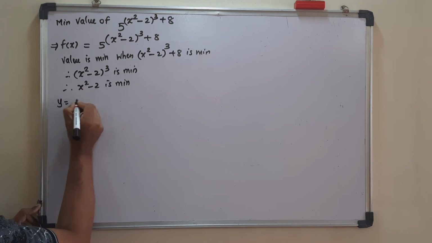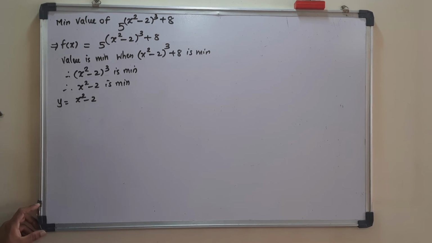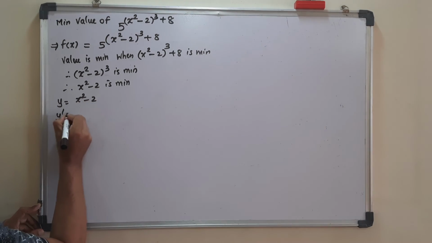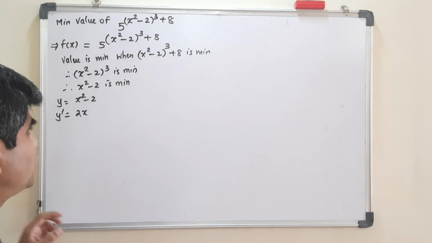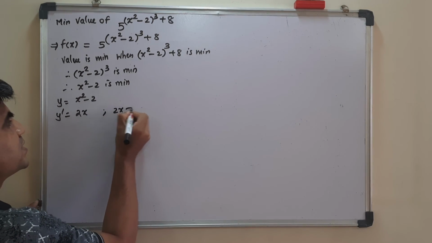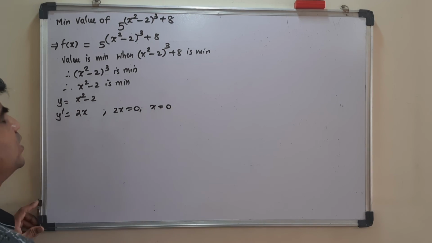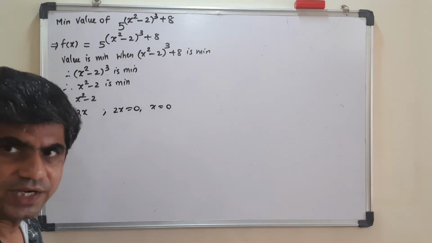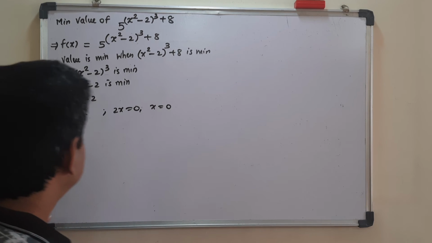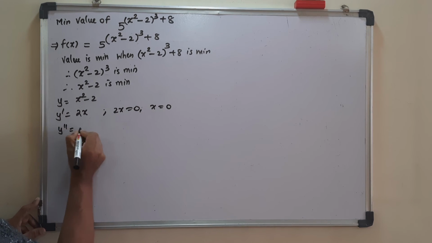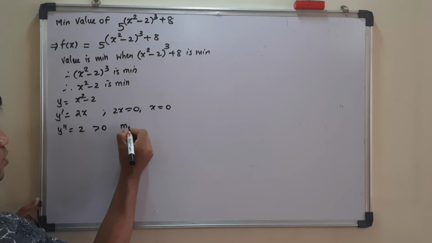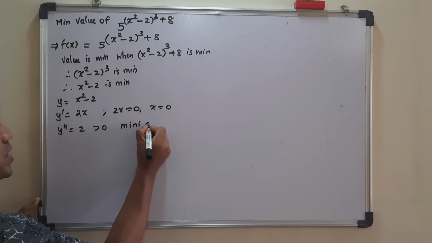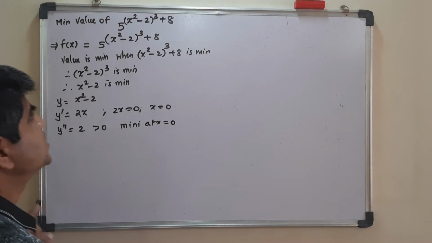So obviously if y is x square minus 2, then y dash will be 2x, right? So 2x is equal to 0 where x is equal to 0. If x is equal to 0, what will be y double dash? Y double dash is equal to 2, which is positive, indicating minimum at x is equal to 0.